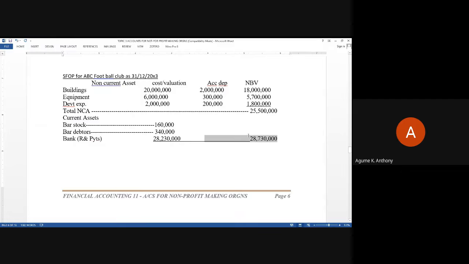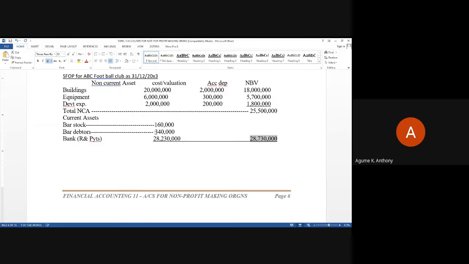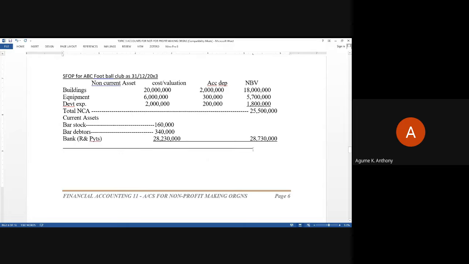So meaning that if you add the two, your total assets would be 54,230,000. That is for total assets.